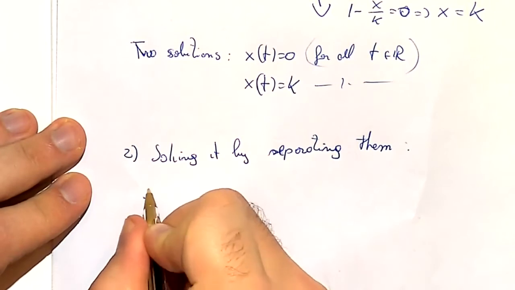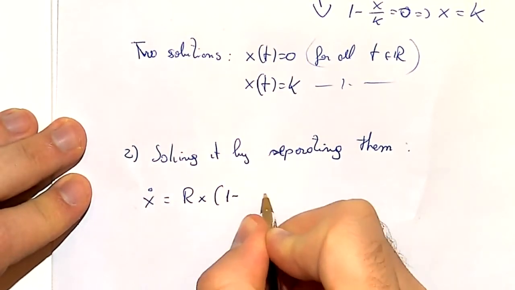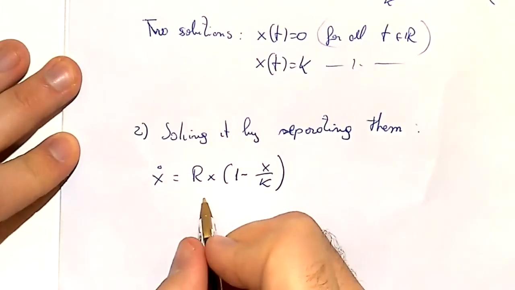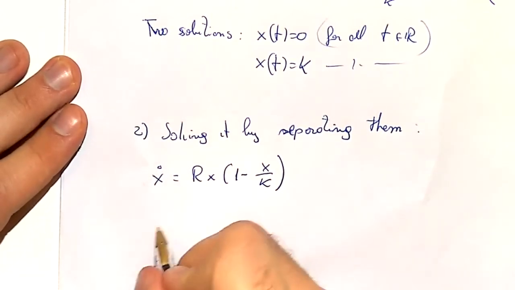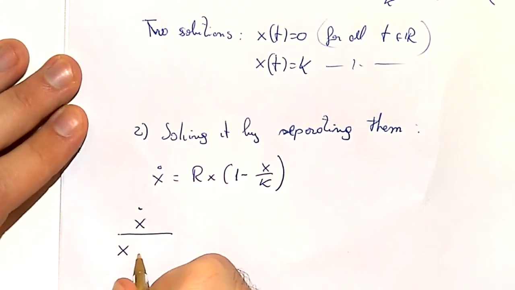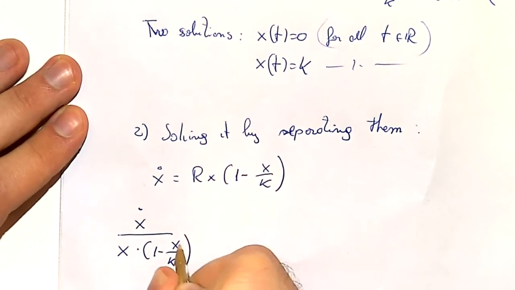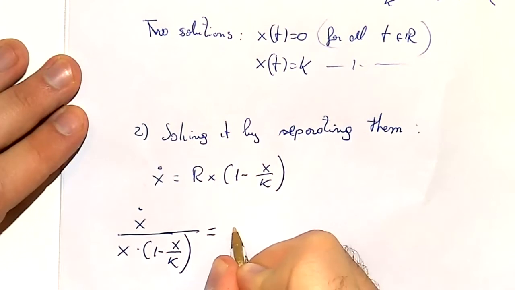Your function was x dot is equal to r x (1 - x/k). How do I separate? I just move everything that depends on x to the left side. So I get x dot over x(1 - x/k) is equal to r.